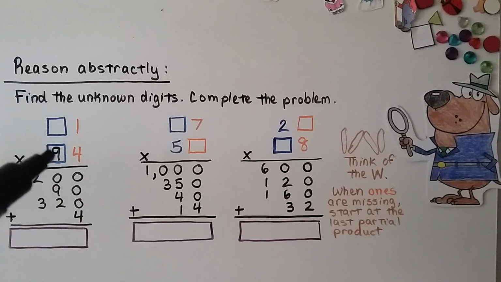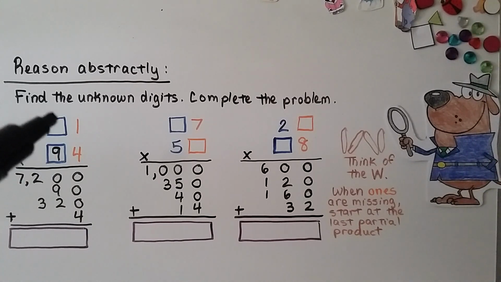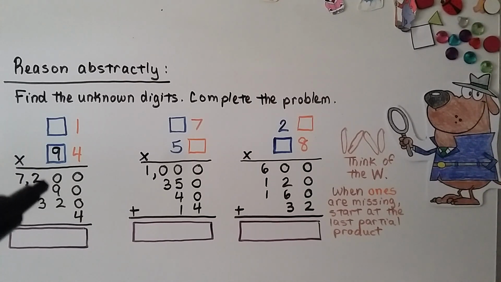Well, if that's a 9, what times 9 could be the missing digit that would make this 72? Hopefully you have your multiplication facts memorized before you started 4th grade, up to the tens. So you should know that 9 times 8 is 72. So 90 times 80 would be 7,200.